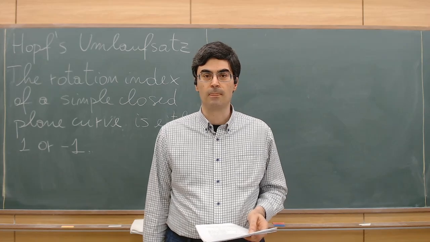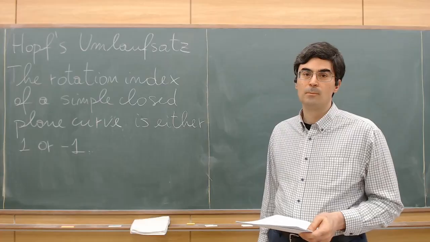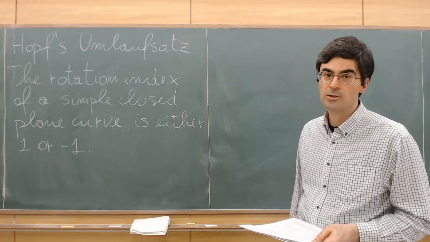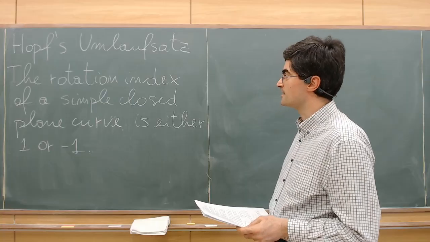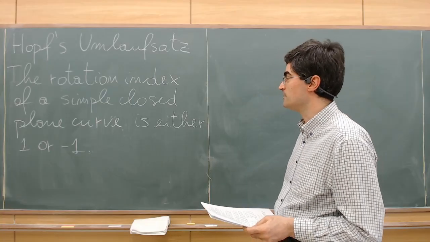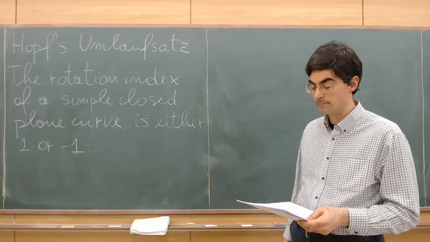Good afternoon. During the last lecture, I presented two global theorems, the first of which was the Hopf Umlaufsatz, which says that the rotation index of a simple closed plane curve is 1 or -1.